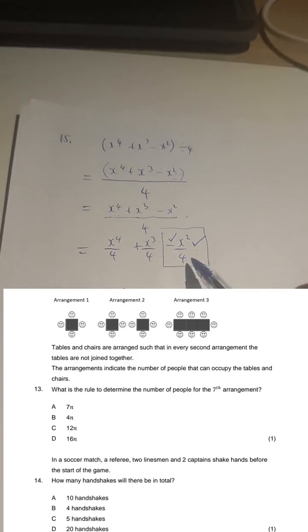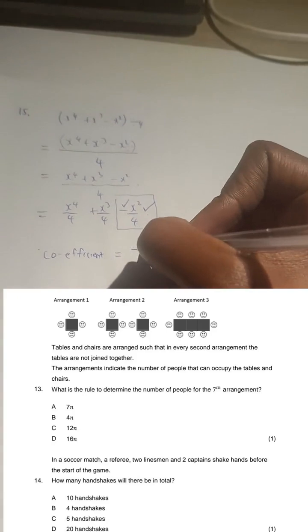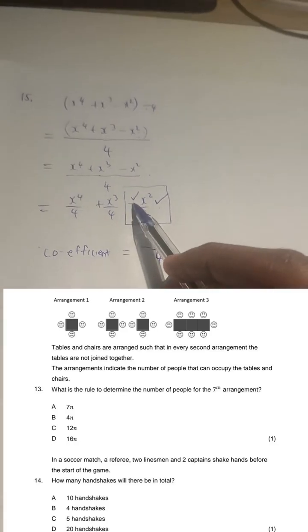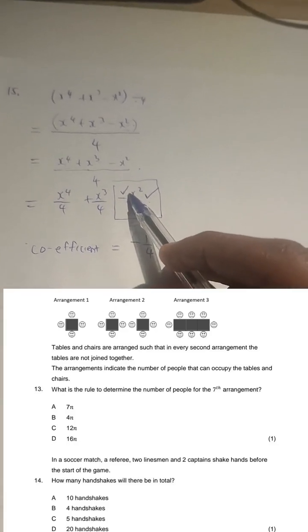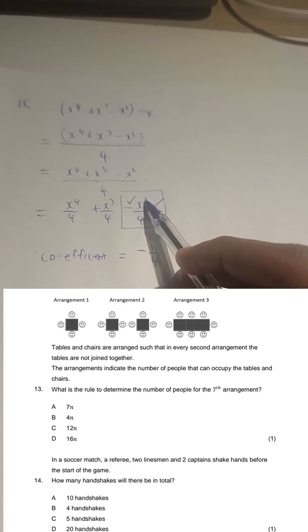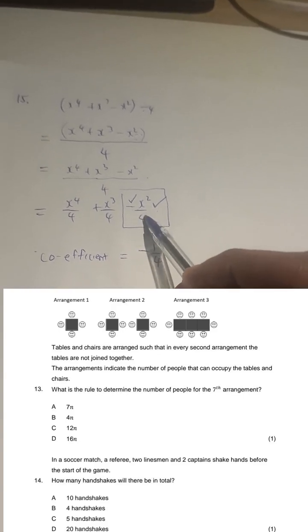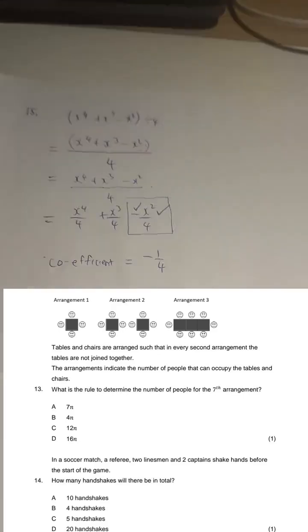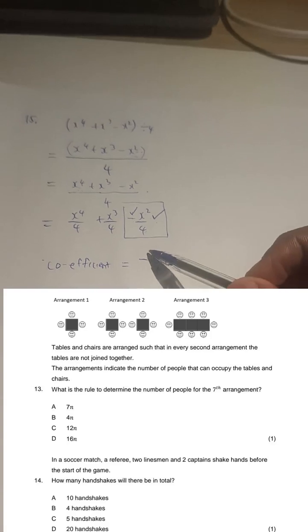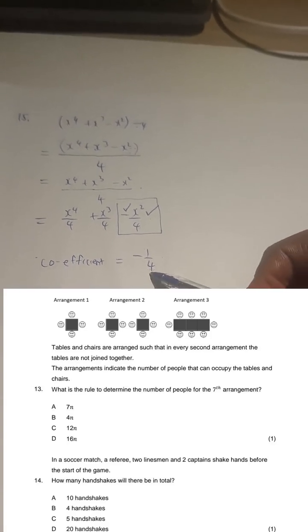At the bottom, there is a 4. So the full coefficient of x squared is -1 over 4.